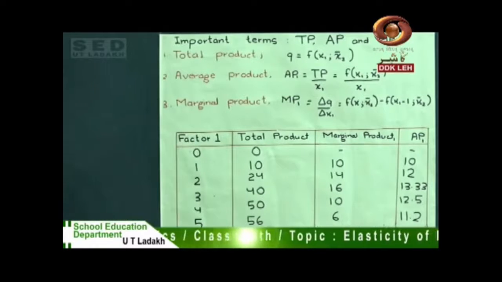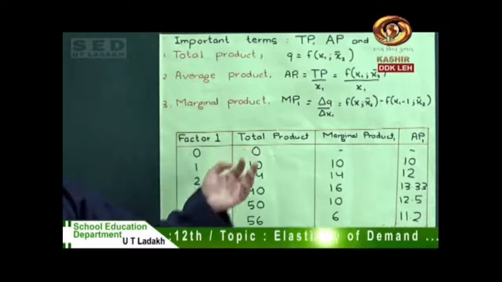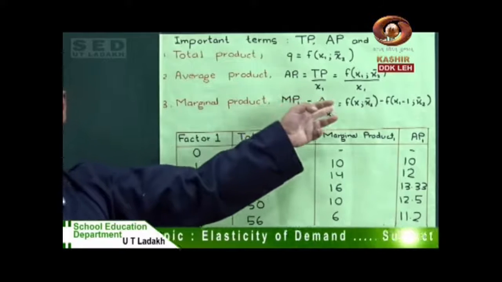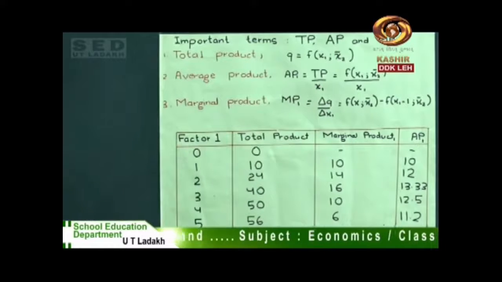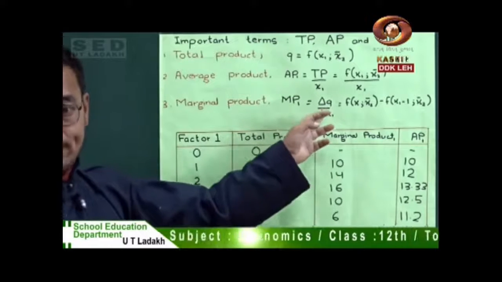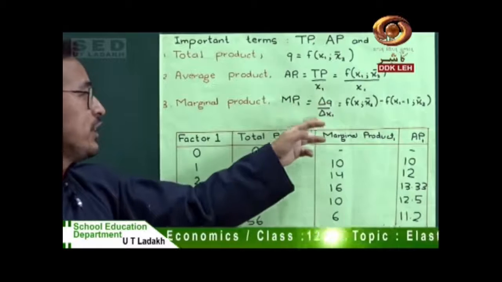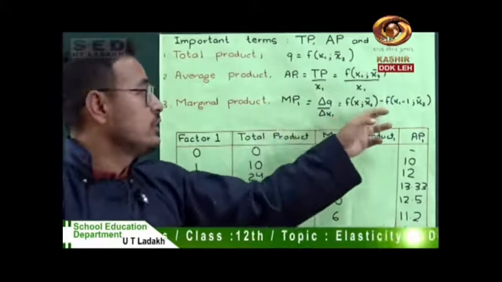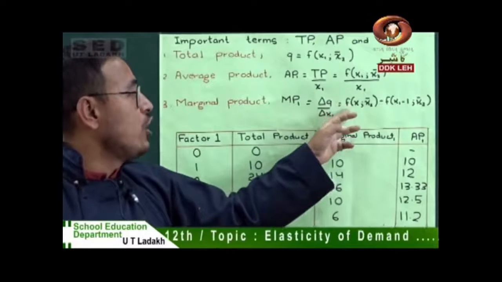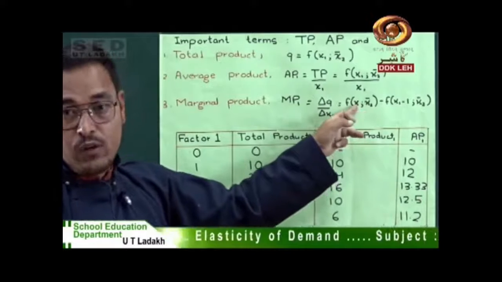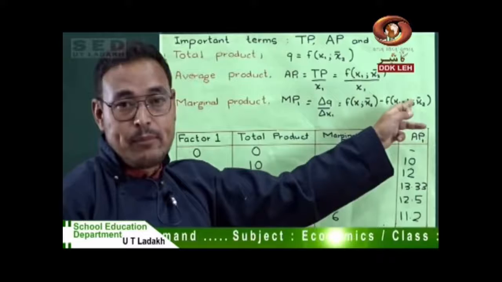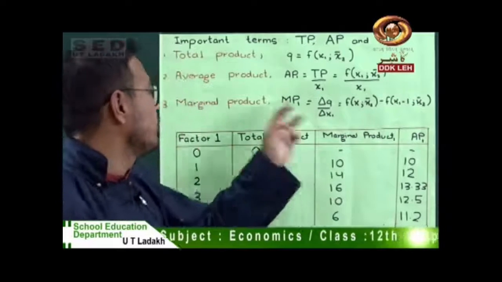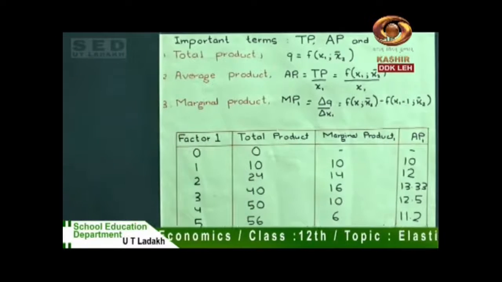Marginal product represents how much will be the additional change in your output, delta Q, if you are increasing your variable input by 1 unit. That is delta Q divided by delta X1. For example, this is the change: output at X units of variable input, subtracting output at X minus 1 units of variable input. So that is what your marginal product is.